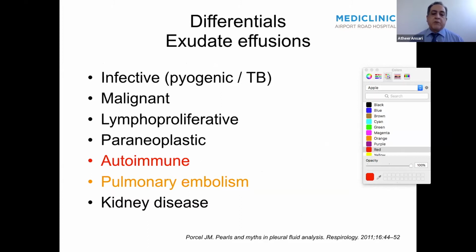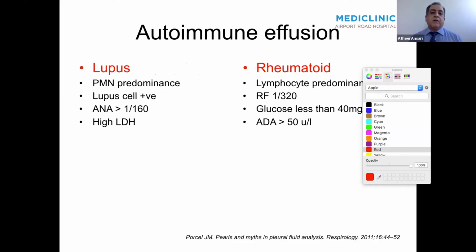And when you have an exudate, as we said, there is either an active pathological process, infection or malignancy, but also there is autoimmune, which is the part we need to clarify on this occasion, and also pulmonary embolism, which is sometimes linked to autoimmune disease and sometimes not, and other kidney disease as well. When we have a pleural effusion, the main difference could be with the aspirate fluid.